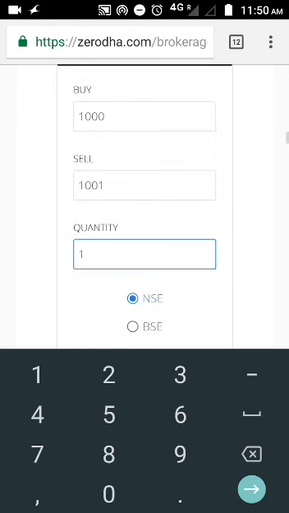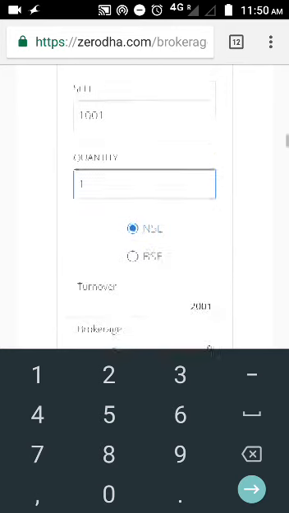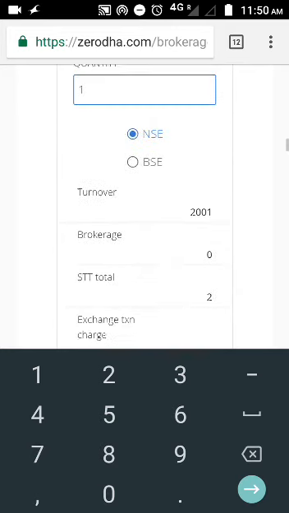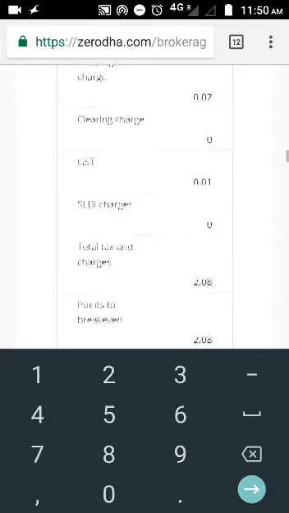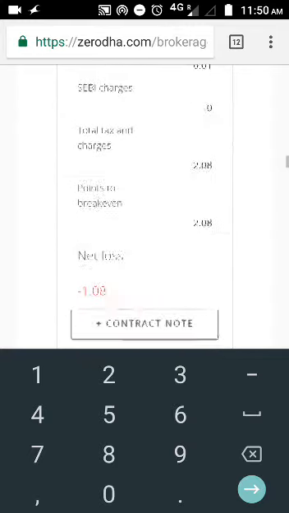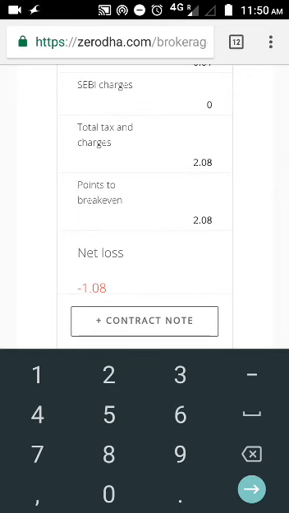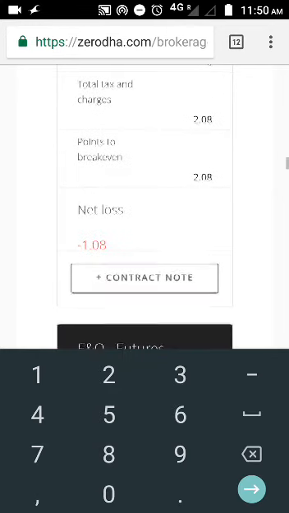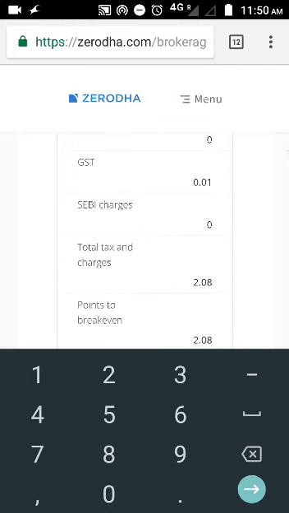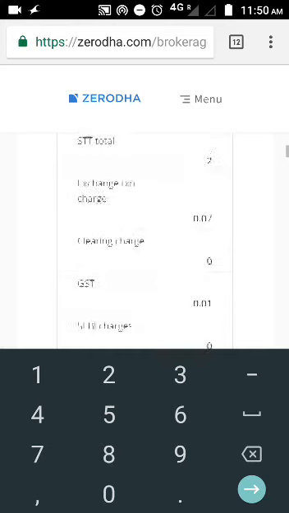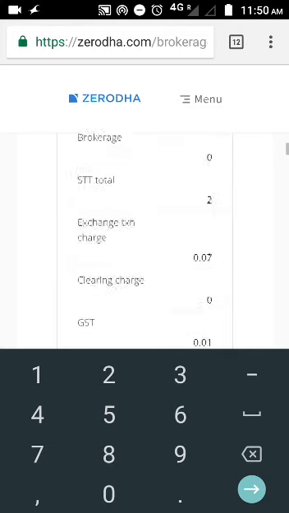So anything below that difference of 2.08 rupees, you will be in loss. And let's see the transaction charges and other things. The turnover charges, brokerage, even though there is no brokerage, you will still be charged GST and exchange transaction charge. So total transaction, tax and charges would be 2.08 rupees. This is very, very important.